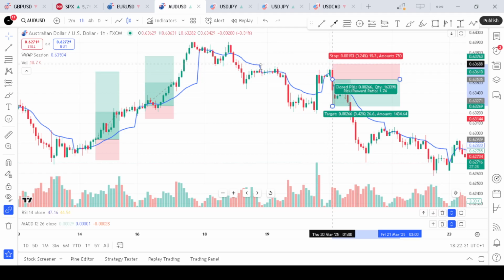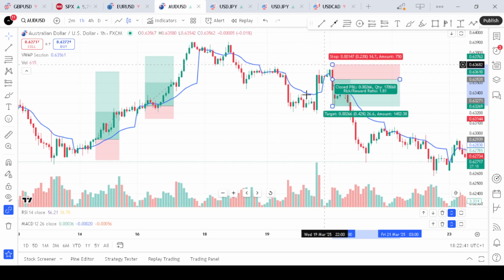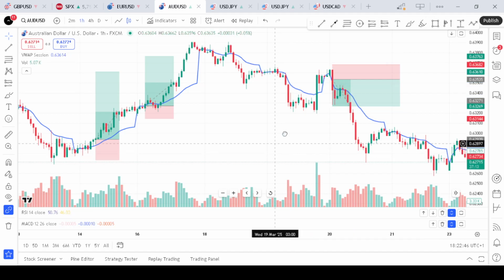You can see this area is a swing high. This is where you can place your stop loss, and you give your stop loss enough space, thereby giving the trade room to breathe while limiting potential losses.